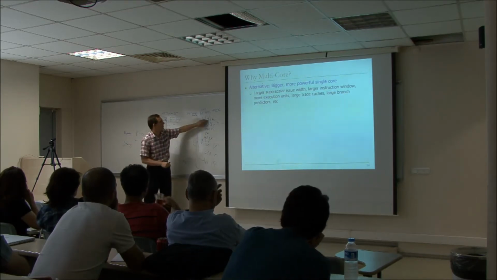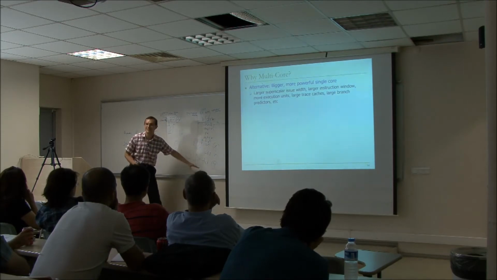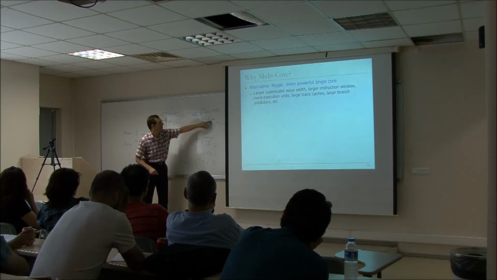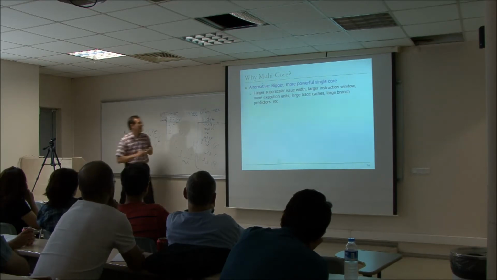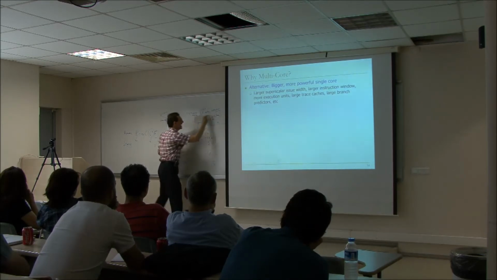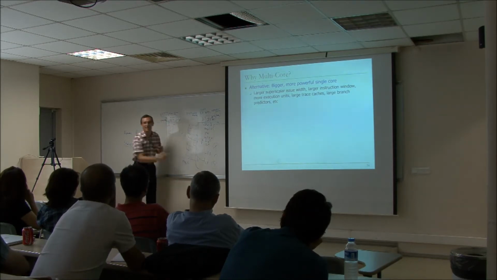Because whenever this load becomes ready, it needs to notify all of its dependents, your data is ready. And how do you do that? Well, basically, this load broadcasts a tag associated with its data value. And this tag is compared to every single instruction in the instruction window. And that comparison is essentially content addressable memory.